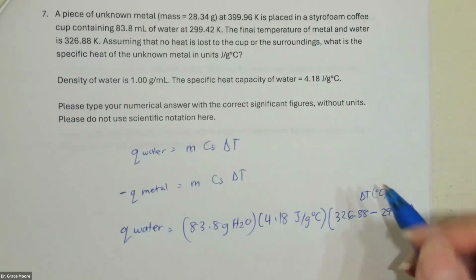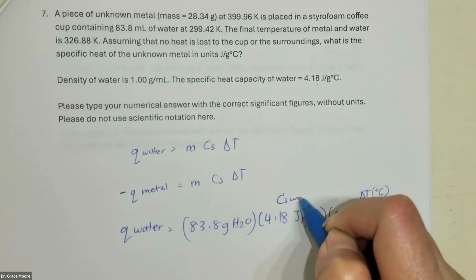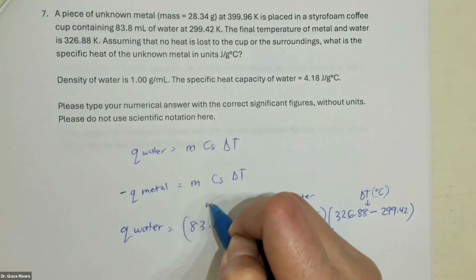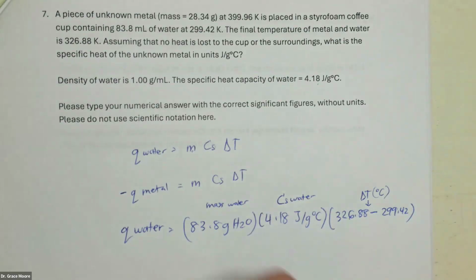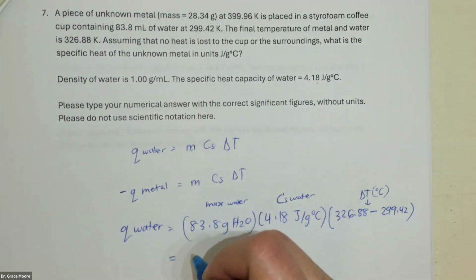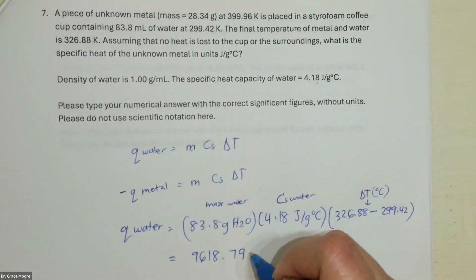And then that one's the Cs of water. This is the mass of water. So when you solve for the Q of water, you get an answer. It's positive 9618. And then I'll just keep writing a bunch of numbers, but you don't need to.